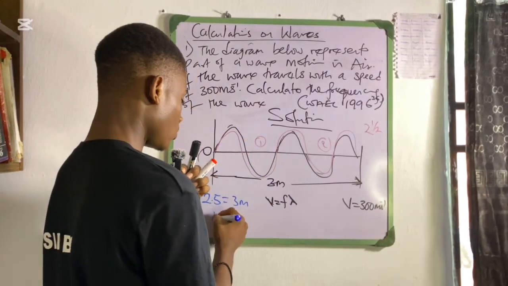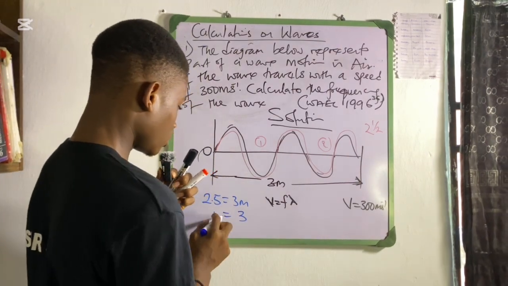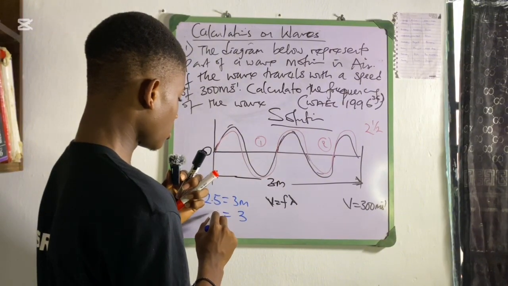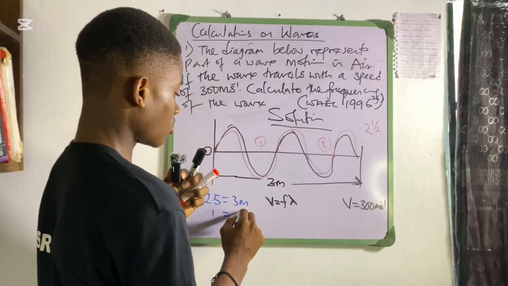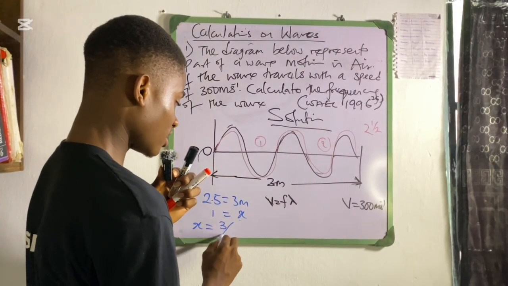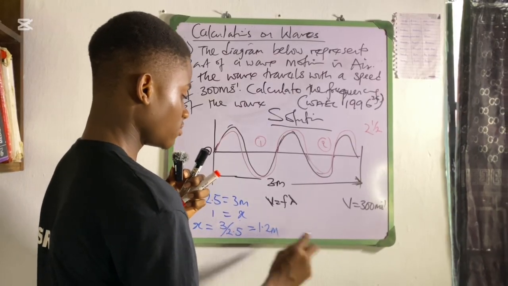So we can cross multiply. One wavelength will now be equal to x. So x is equal to 3 over 2.5, which is 1.2 meters.